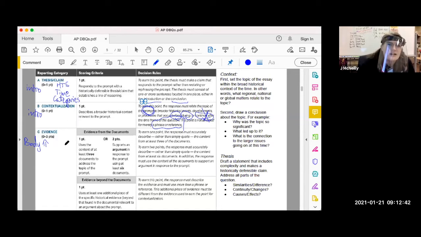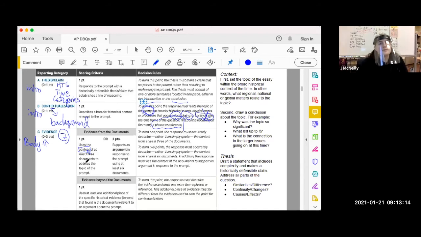Y'all know that you're given 7 documents. Well, how do you get points using those documents? Well, you have to describe the content. Note how this says content with an N, not context with an X. Context is background information. And you are going to discuss the context of some of these documents for analysis later in the HIP points, because that's what H stands for in HIP, is historical context.